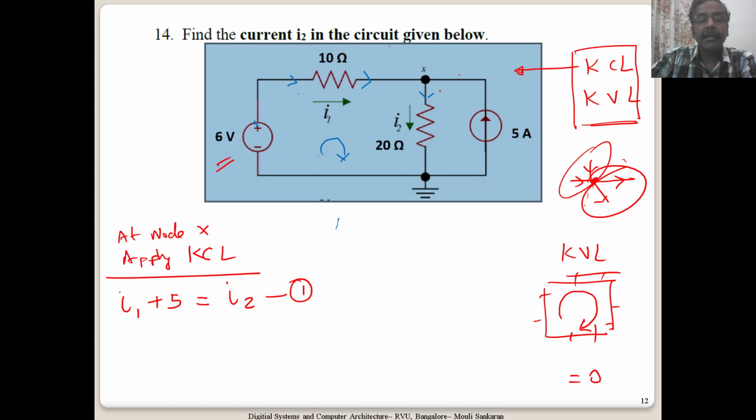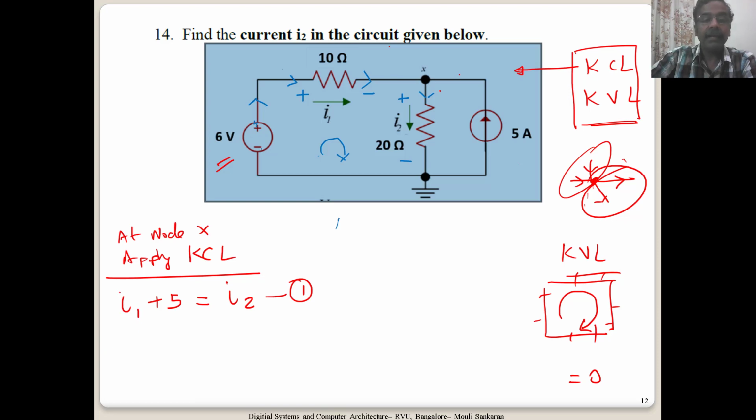When a current is entering a resistor, this will be positive and this will be negative voltage. Similarly, the current is shown entering the resistor, so plus minus. All passive components will have this passive notation of voltages. The voltage source shows current coming out of the positive terminal. A passive terminal dissipates heat, and the active element is generating the current. So the positive terminal will give out the current, and in the passive element the current will be entering the positive terminal. So the voltage across this will be shown as plus minus.